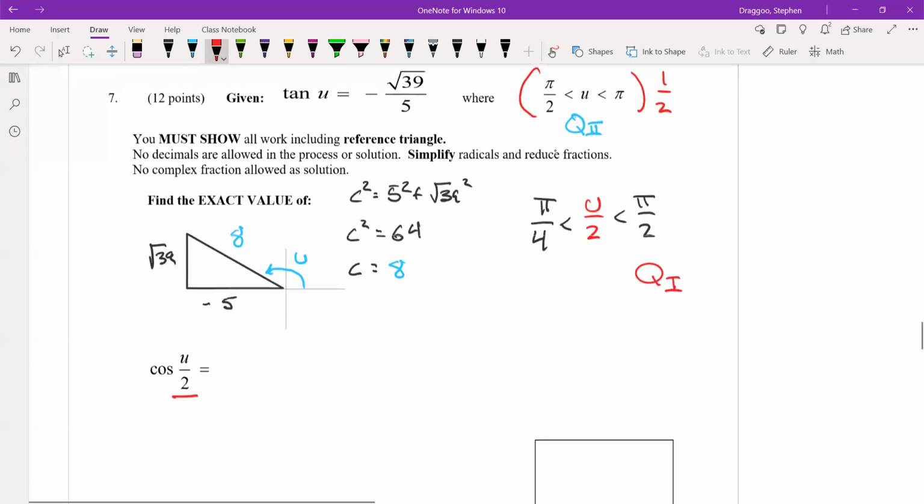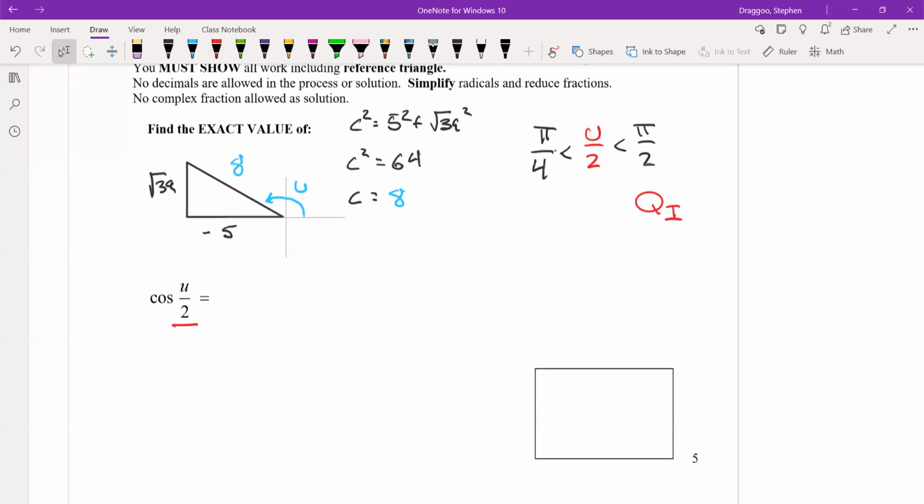So u over 2 being in quadrant 1, but u itself being in quadrant 2, means that the rest of the setup ought to look like this. This is going to be plus or minus the square root of 1 plus cosine of u over 2. And because u over 2 is in the first quadrant, I want the positive value.